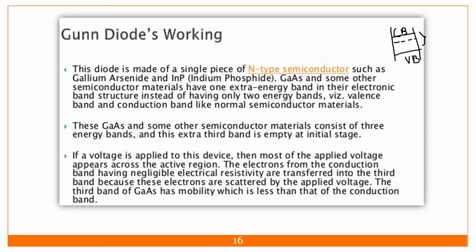If you apply voltage to this device, most of the applied voltage appears across the active region. The electrons from the conduction band, having negligible electrical resistance, are transferred into the third band because these electrons are scattered by the applied voltage. So what will happen in this case? I will redraw this portion again.